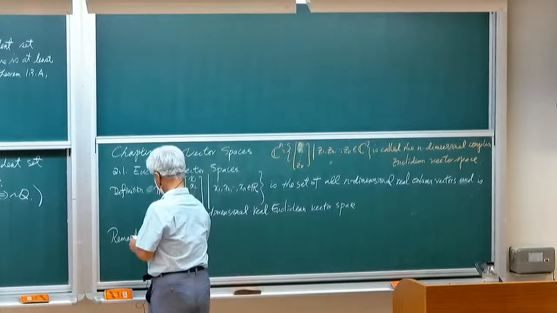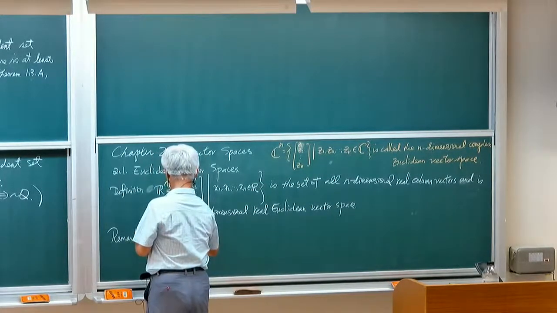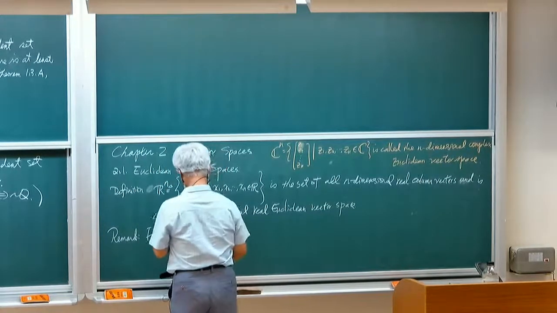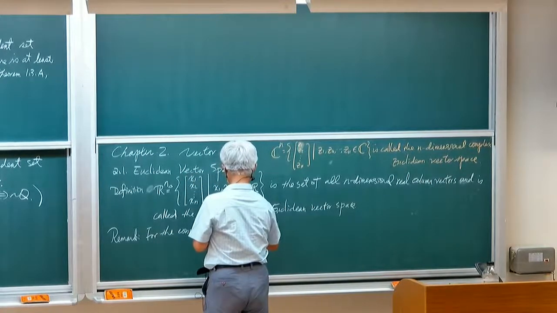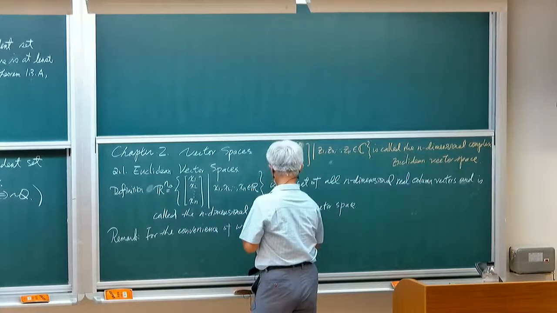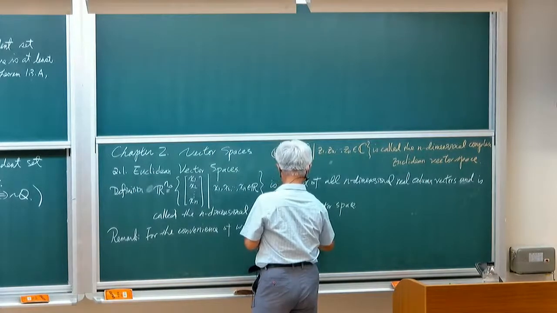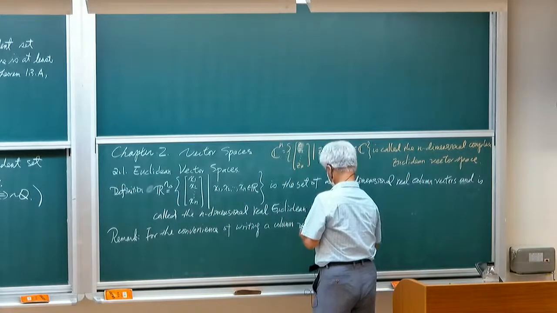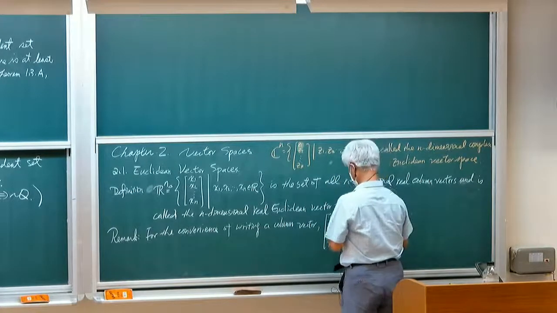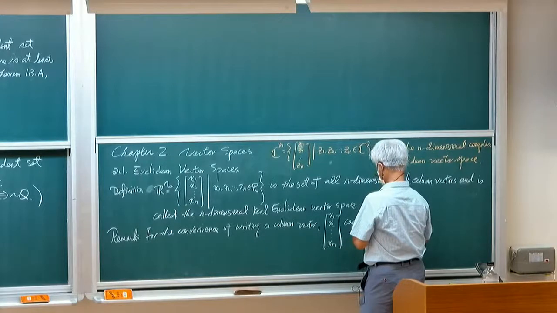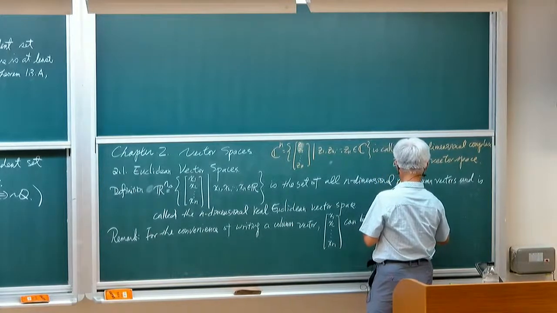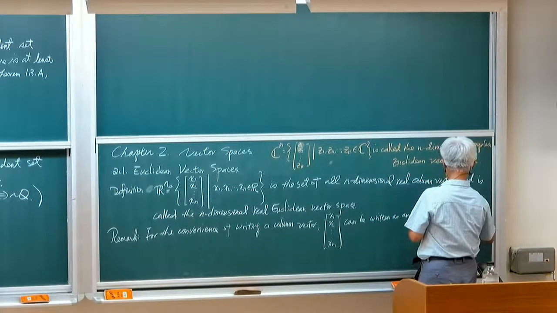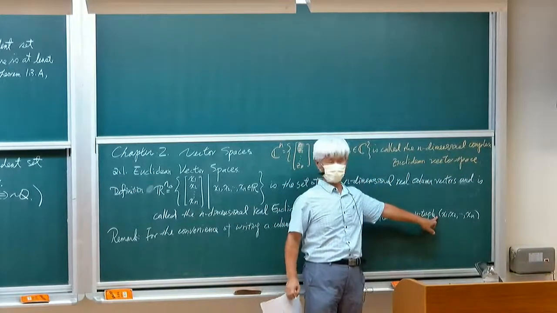So for the convenience of writing a column vector, a column vector like this one can be written as an n-tuple enclosed by parentheses, okay, by using the parentheses.